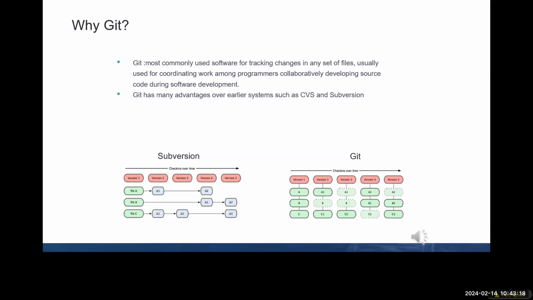In version 5 we don't have anything really special, we still have A2. So as you can see here, we are tracking the files over the versions.